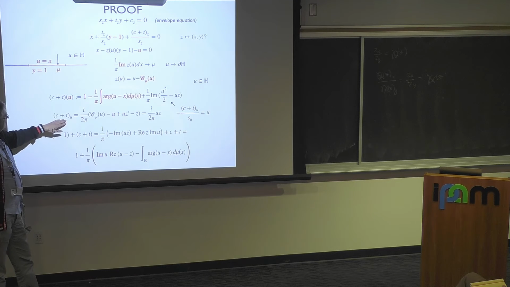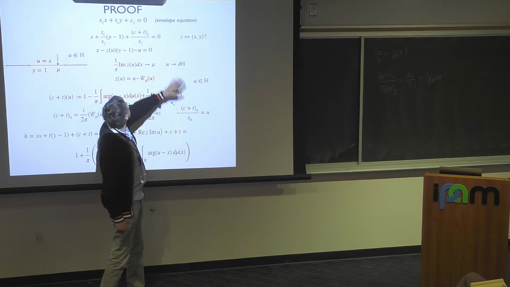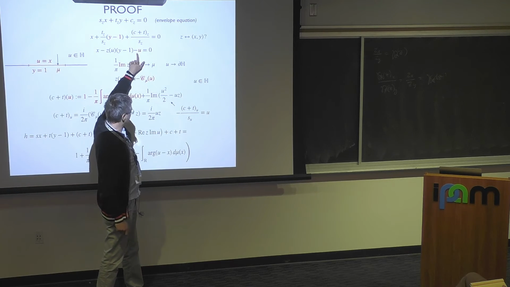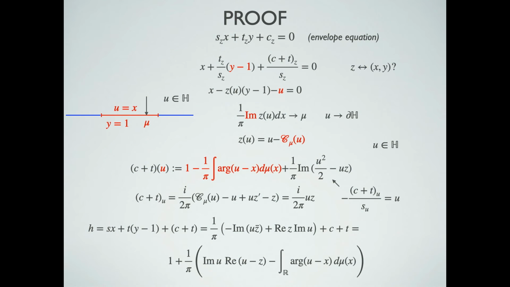So indeed, now if we define C plus T in this way, then this u derivative becomes this. So this verifies that this is indeed minus u. And then the solution has the right boundary behavior. And in the end, H is given by this formula. We know now what S, T, x, y are, and also what C plus T is in terms of u.